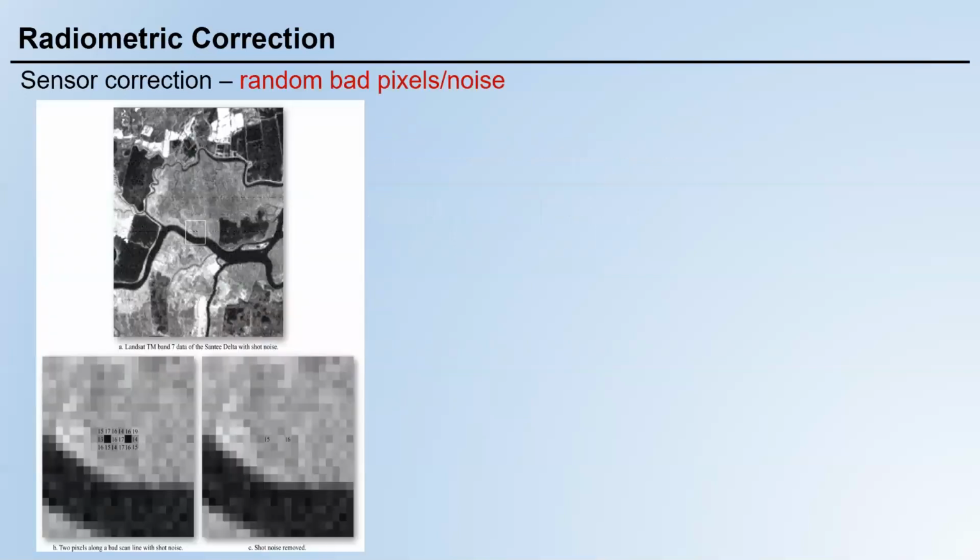Firstly, say here we have an image, and we zoom in to focus on this specific area within this white square. We can see there are two bad pixels. They are black. You may ask why we know they are bad pixels. If you check their surroundings, all other surrounding pixels have a specific grayscale instead of pure black.